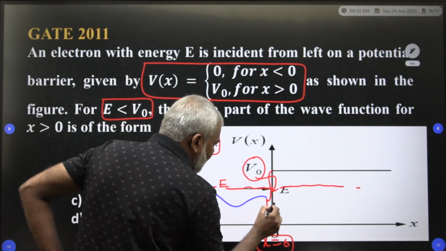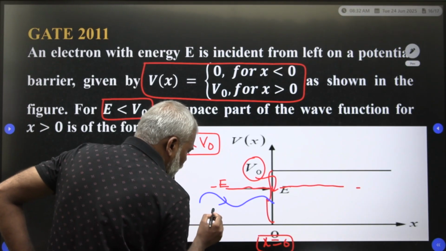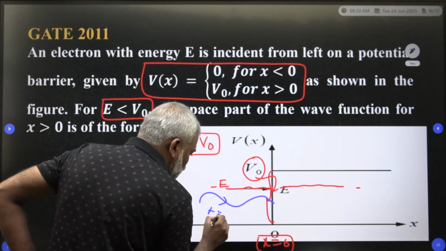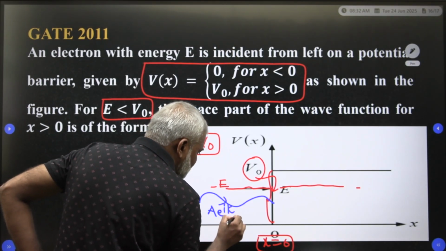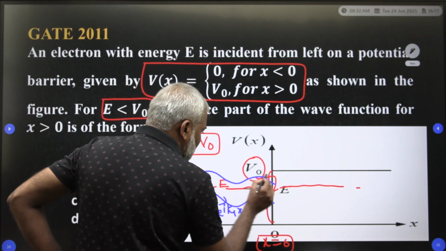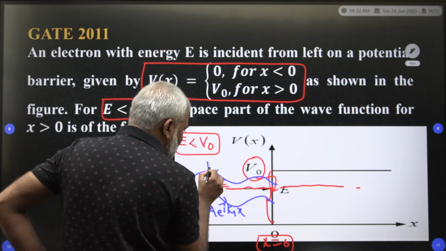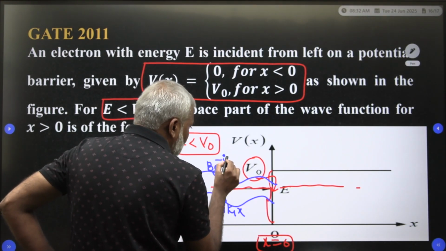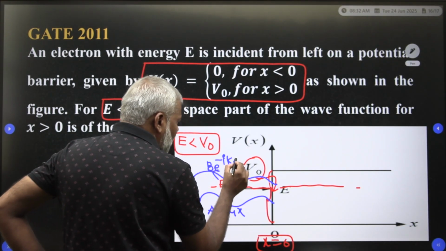Now your incident beam is A e to the power of i k1 x. Some portion is reflected back, and that reflected beam is B e to the power of minus i k1 x. This is the space part.